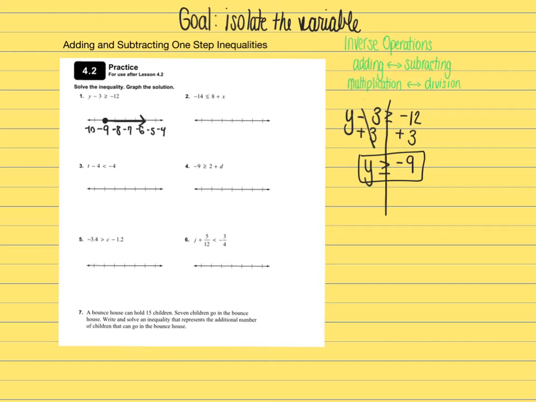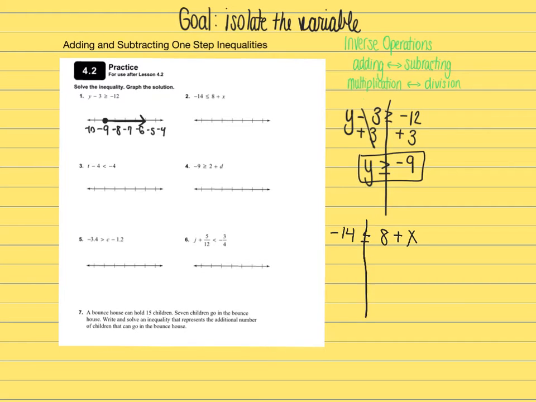Alright, the next one you'll see is a little different. What would throw you off here is that it's written differently than you are used to seeing. You could rewrite that. If you rewrite it, the hard part is you've got to change the symbol around. So I'm just going to keep it as is and solve just as it is. So negative 14 is less than or equal to 8 plus x.